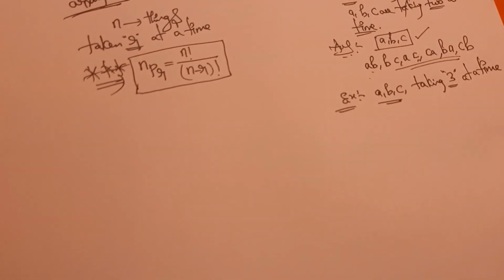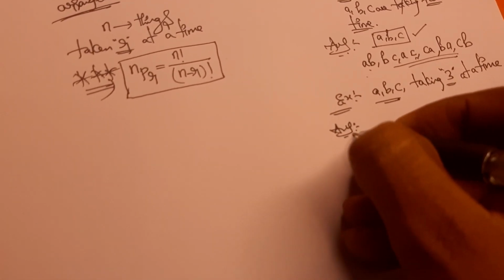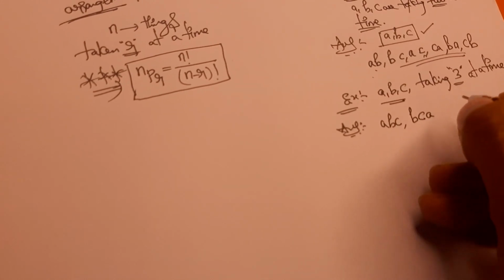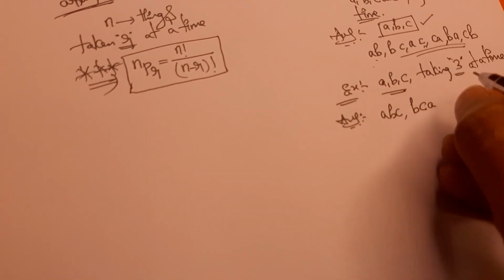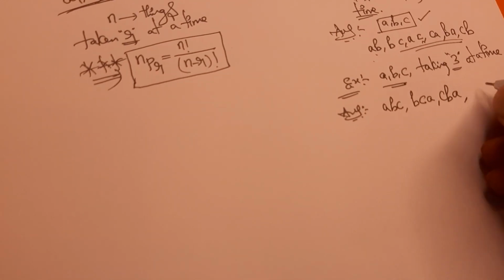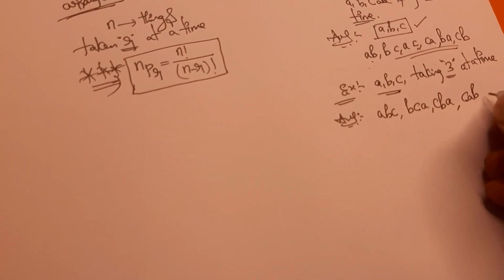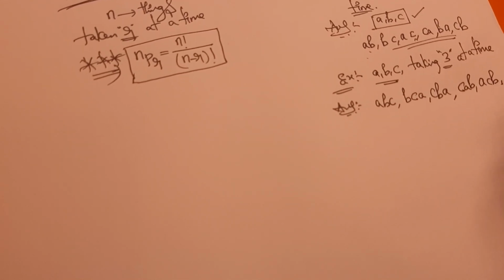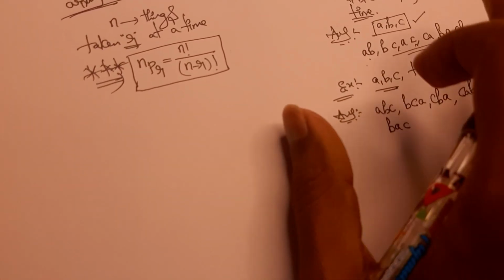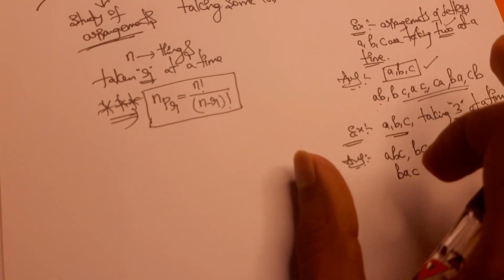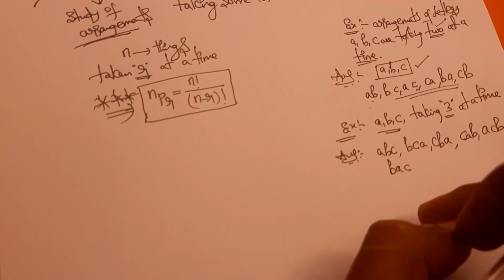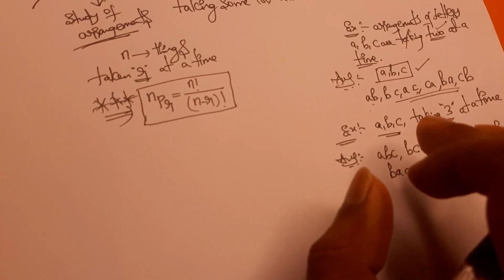They are ABC, one chance; BCA, another possibility; CBA, another; CAB, another; ACB, another; and finally BAC. If you take 2 at a time, these were the required chances, and if you take 3 at a time, these are the required arrangements. This is about permutations.